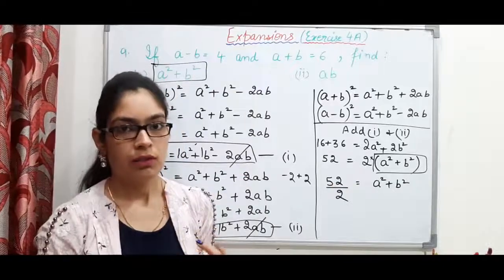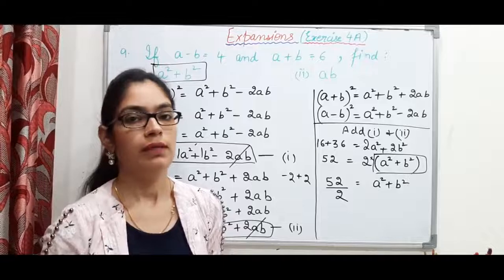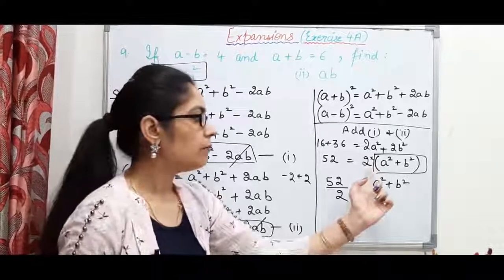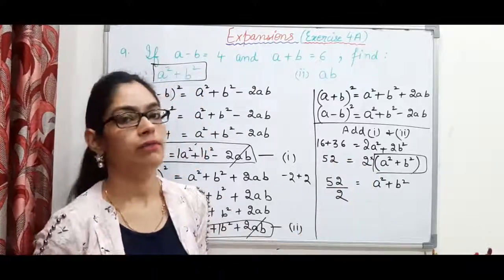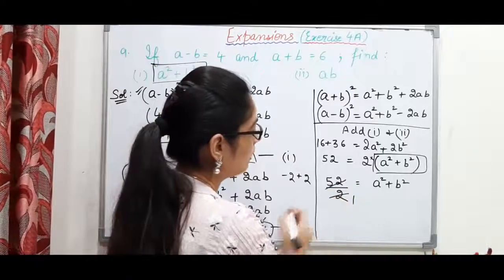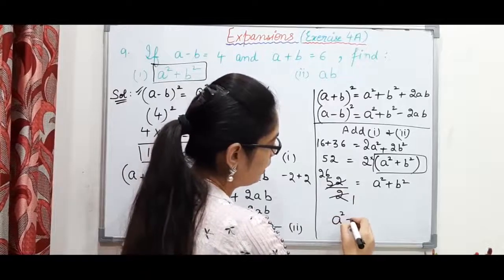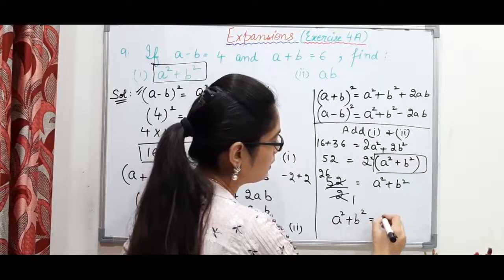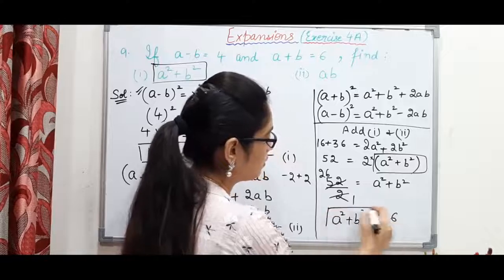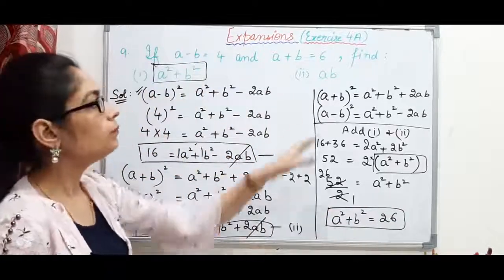Addition on changing the side will be changed to subtraction, subtraction will be changed to addition, multiplication will be changed to division, and division will be changed to multiplication. So 2 into 1 and 2 into 26. So we can see a square plus b square is equals to 26. So we have found the value of a square plus b square.